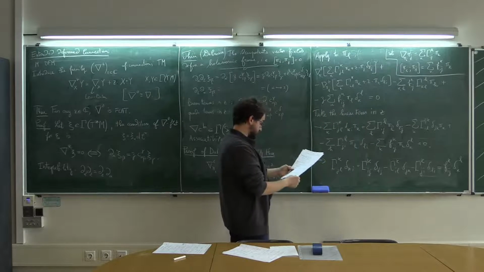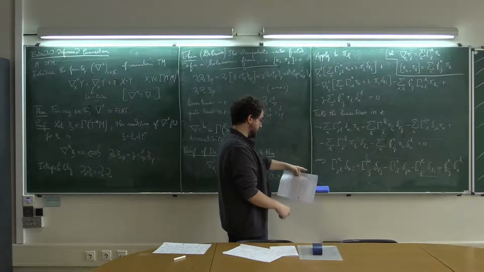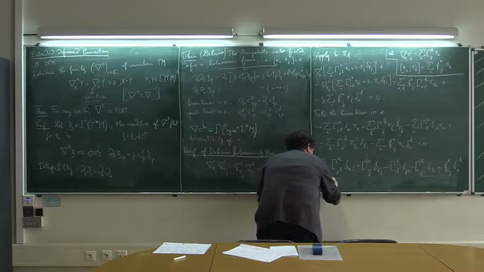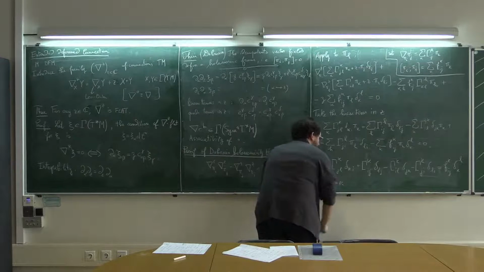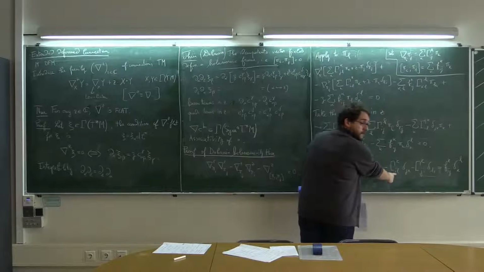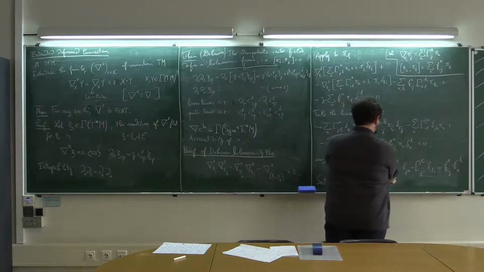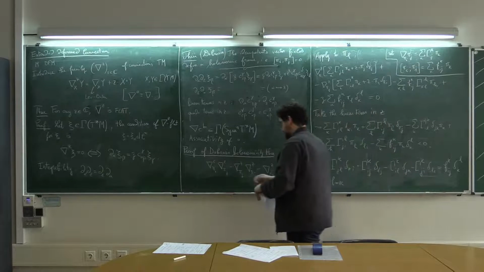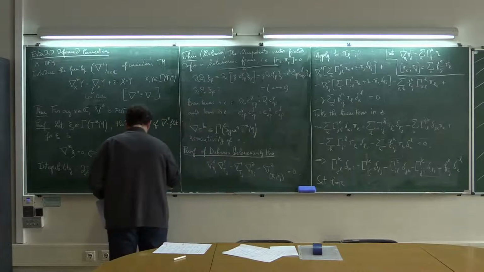But if you set l equal to k, you see that this term cancels this, this term cancels this, and this term cancels this one. So let me use some colors.